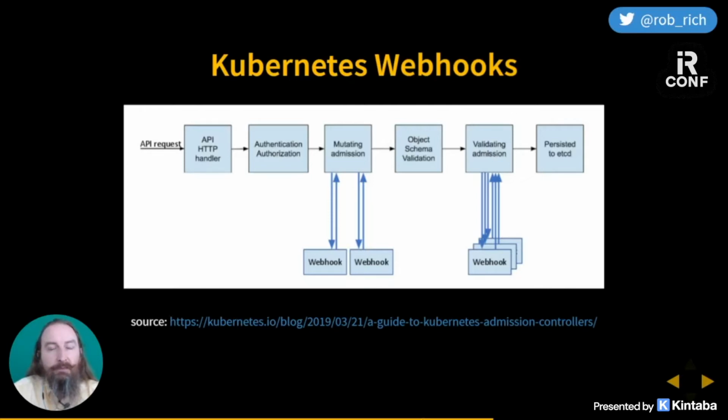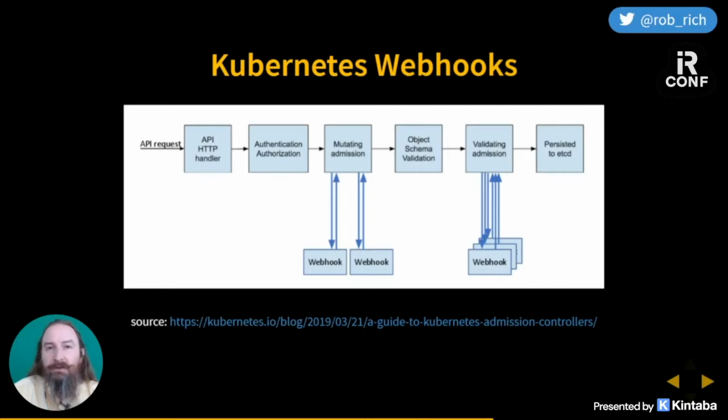We also have the validating admission webhook. And here in parallel, it calls each webhook, and the webhook can answer yes or no. So maybe here in the validating admission webhook, we validate that we've scanned our container and that the content is as expected. Now, this does mean that if we haven't seen the container before, we start the scan here, and 10 minutes later, we have the result.